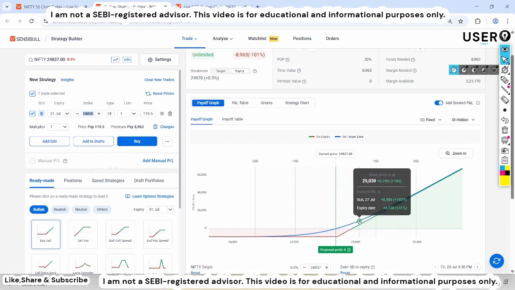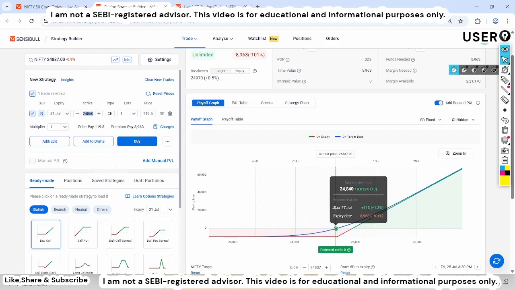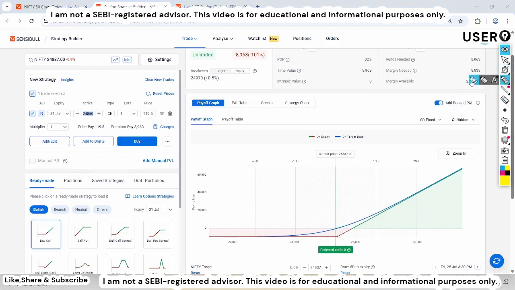Remember that this is option buying, so there will be theta decay also. That is a very important factor for an option buyer to consider, because if you go slowly like this, if you take a position from somewhere around here and it goes slowly like this, then theta decay will be eating your money. That is the main problem of option buying.